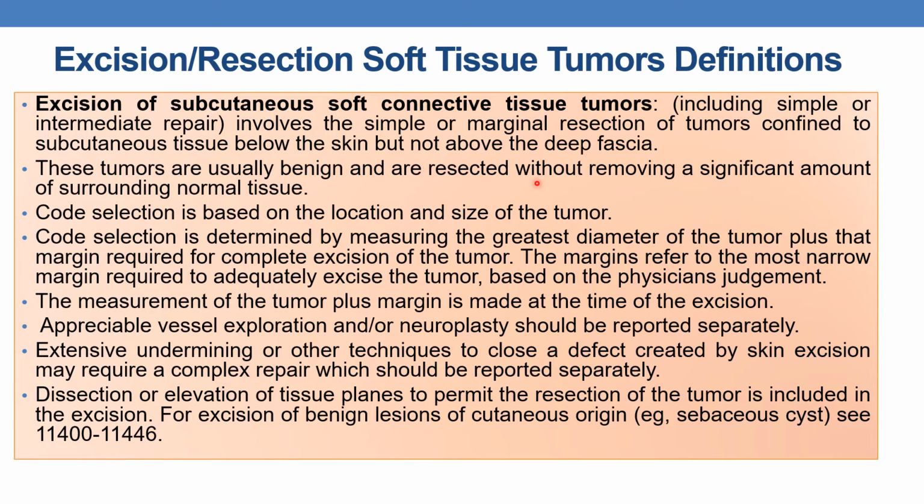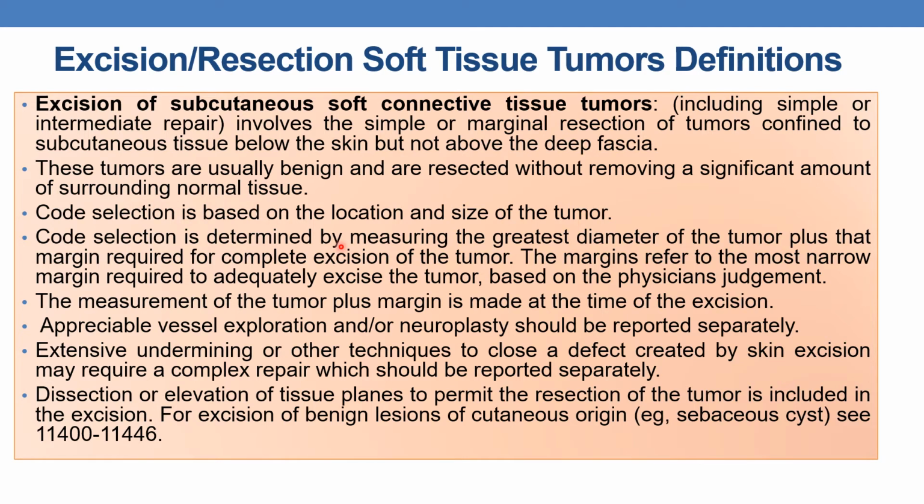This excision usually involves the simple or marginal resection of tumors confined to subcutaneous tissue below the skin, but not above the deep fascia. These tumors are usually benign and resected without removing a significant amount of the surrounding normal tissue.